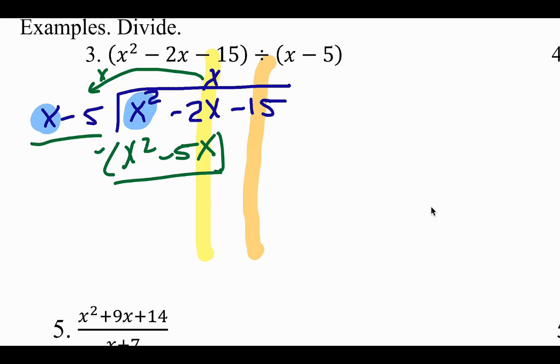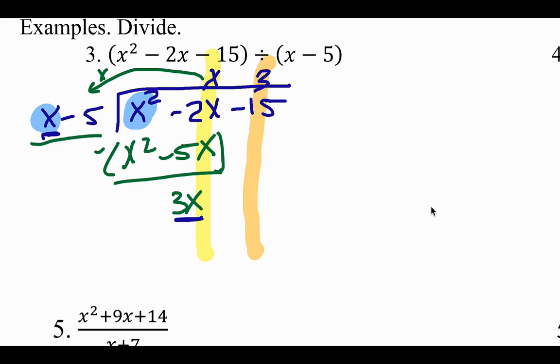So I should get a 0 in this x squared column, and I'm going to do negative 2x minus negative 5x, which is a positive 3x. Now again, I'm going to ask myself, how many times does x go into 3x? And x goes into 3x 3 times. Now I'm in the orange column because these are my constants.